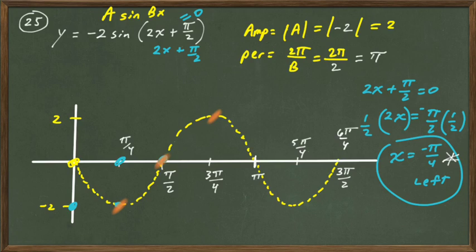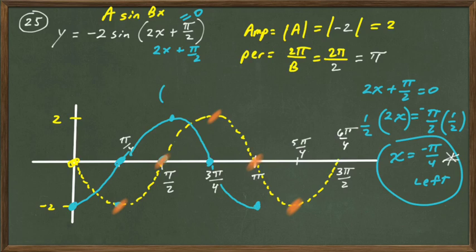Instead of 3/4, it would be at 2/4, which is 1/2 pi. So I believe it does something like this. How about if you move this to the left pi over 4? It would be here. And if you move this 5/4 to the left pi over 4, where would it be? 5/4 minus 1/4 would be 4/4, which is pi. And so you have these points.